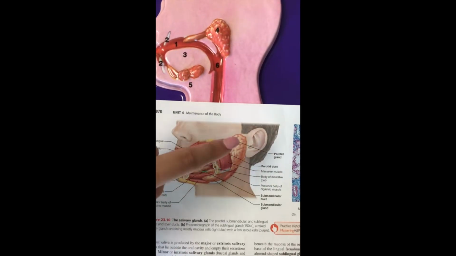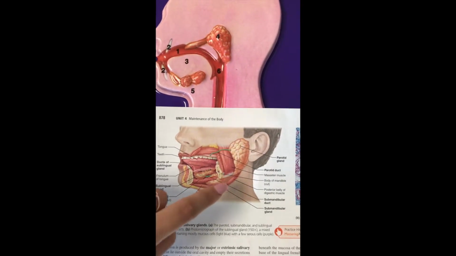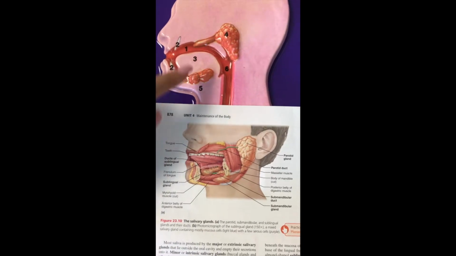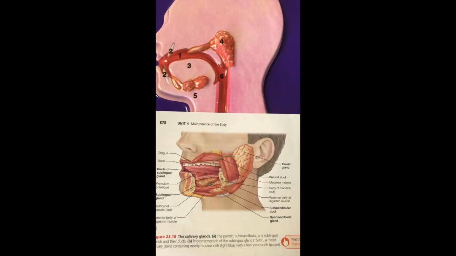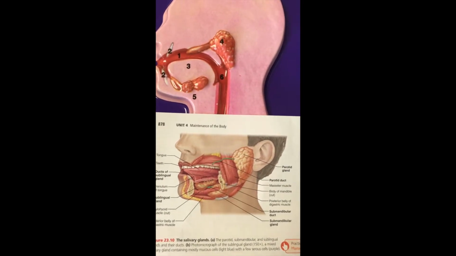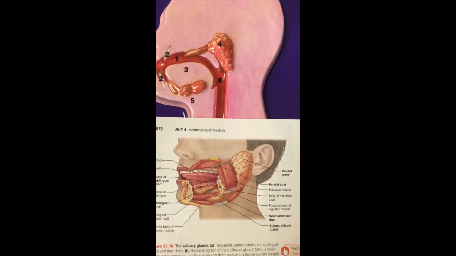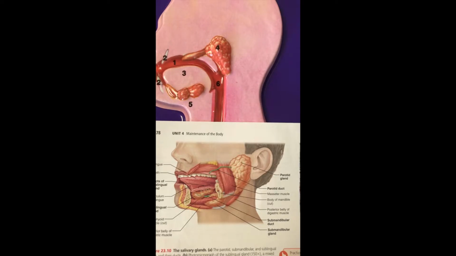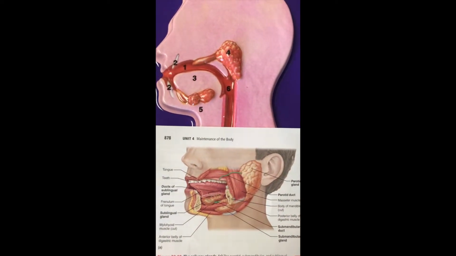You have your parotid salivary gland, your submandibular salivary gland, and your sublingual salivary gland. Saliva is made up of water, salivary amylase, mucin, lysozyme, IgA, electrolytes, metabolic waste, and growth factors.